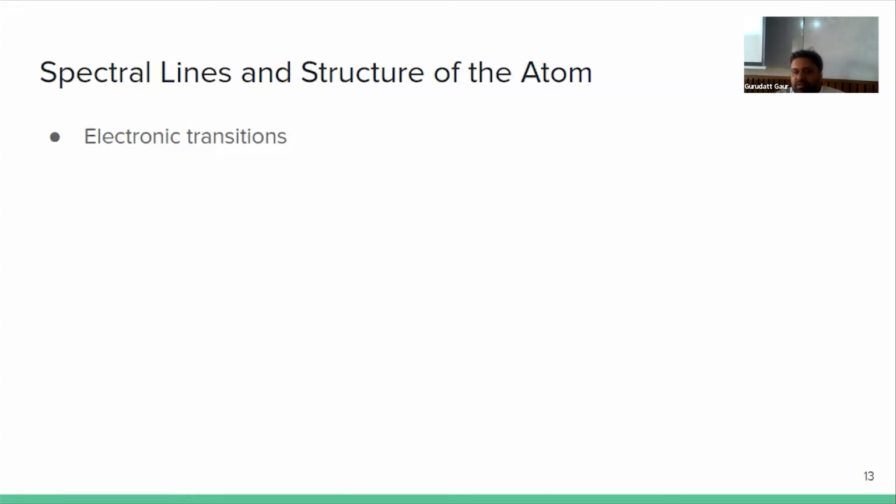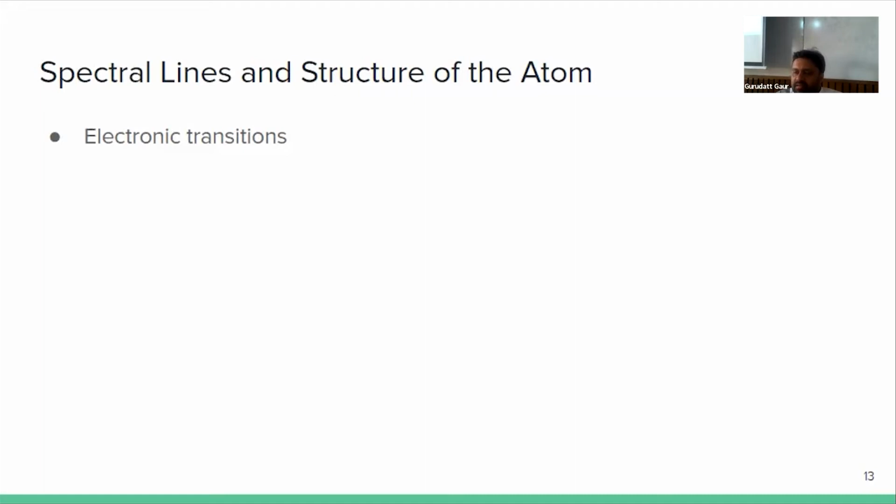That's what we all know from our quantum mechanics class and atomic physics. The origin of light is mainly because of the transition between the electronic levels. And why do we get levels? Because of the quantization.